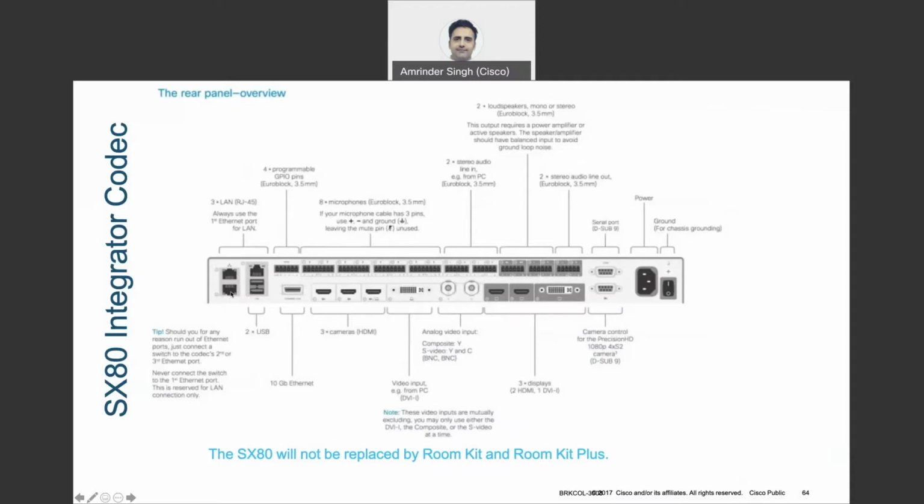Even if you don't connect a camera to it, if you want to troubleshoot and you feel that the codec web GUI doesn't work, one easy way is to just plug a laptop to this port. If your laptop has DHCP enabled on the network interface, it will receive an IP address in the 169.xxx range.